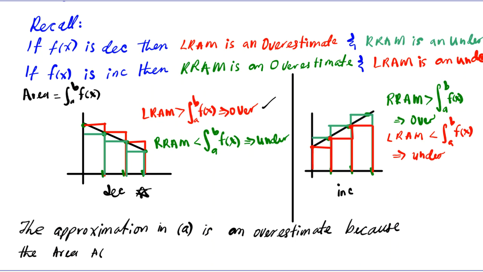A of h is the area A of h used in LRAM, used in the left rectangular approximation, or used in the left Riemann sum.